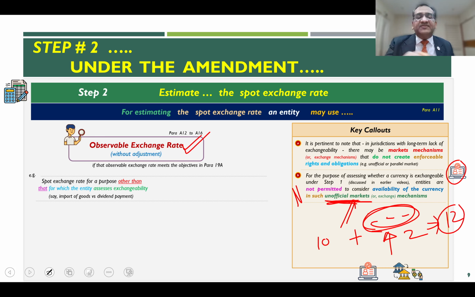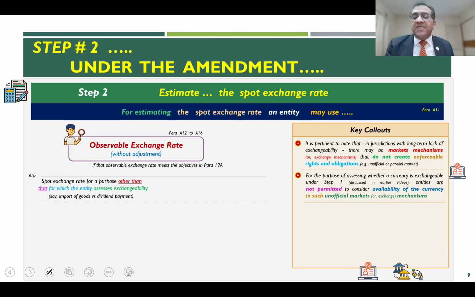Now, what this particular estimation technique says is that you may start with this 12 as the starting point, but you have to strip out this 2, because it really belongs to the unofficial market perspective. This is a characteristic which is specific only to the unofficial market.